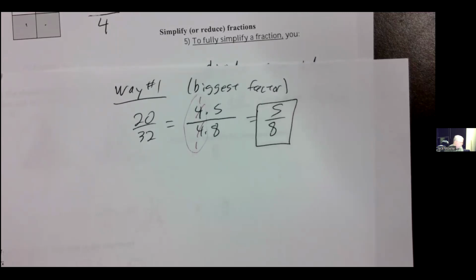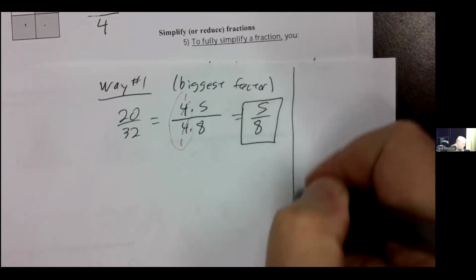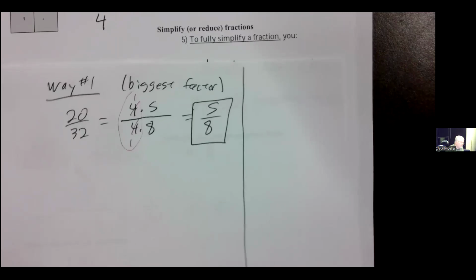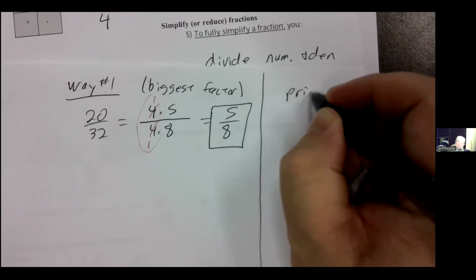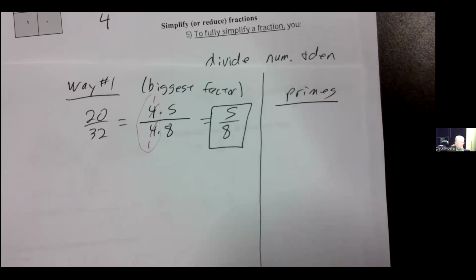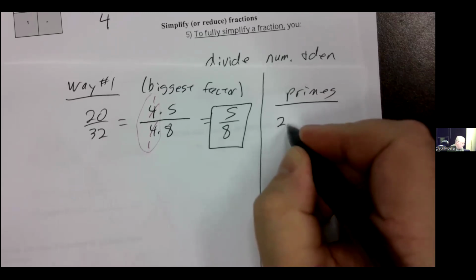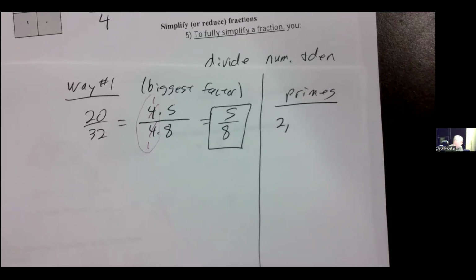Which, speaking of primes, when you're simplifying fractions, it's helpful to refresh those. Now, you could argue whether or not 1 is a prime. It doesn't get us anywhere by calling it a prime. So I'm going to start with 2. Now, 2 is the only even prime because every other even number can be divided by 2.